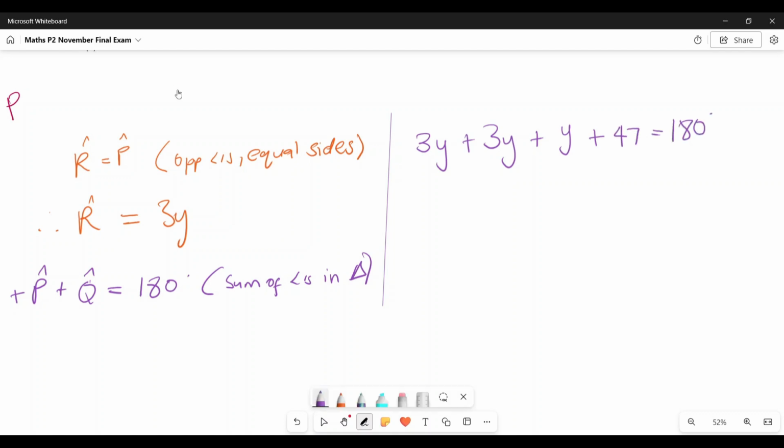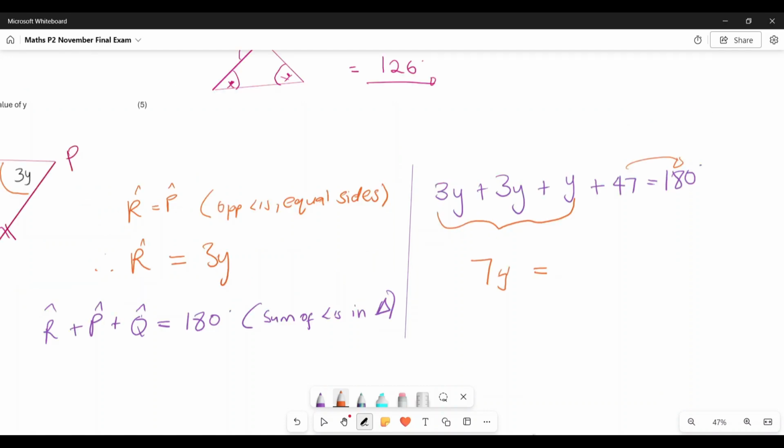Now here I'm going to group like terms, right? These are like terms, and I'm going to take that to the other side, group it with its like term. So 3y plus 3y is 6y plus another y, which is the same as 1y. This is going to make 7y. Now, on the other side, 180 minus 47 is going to be equal to 133.